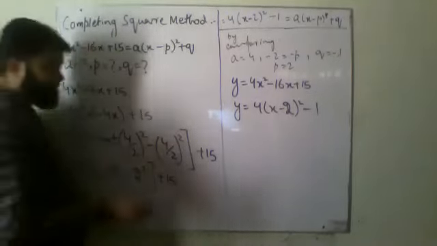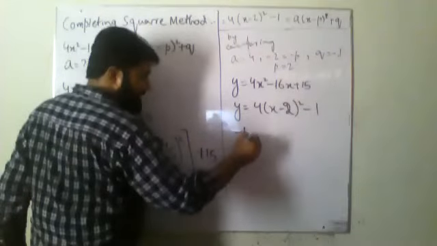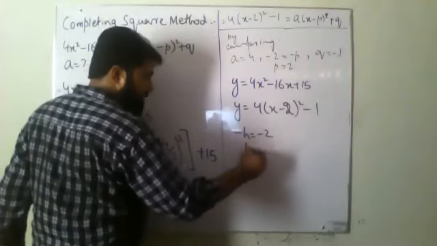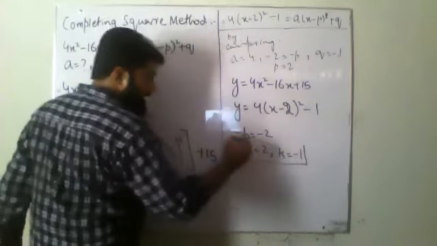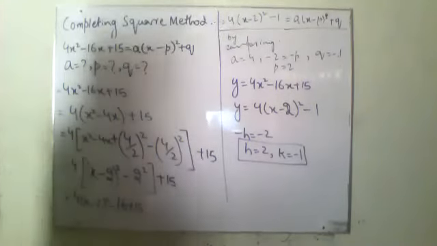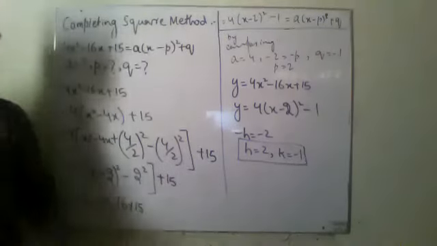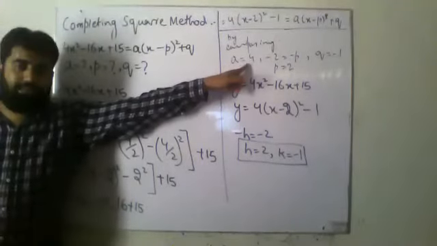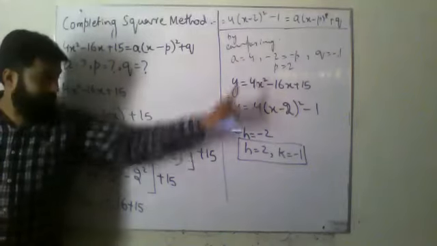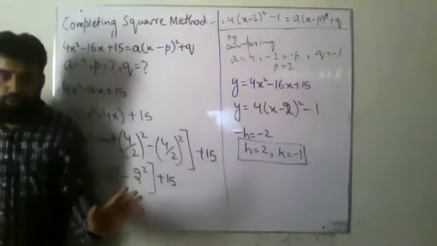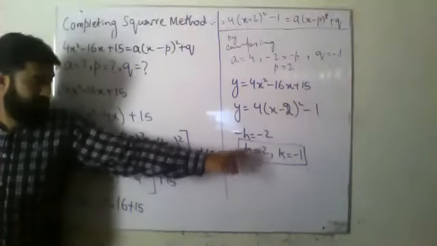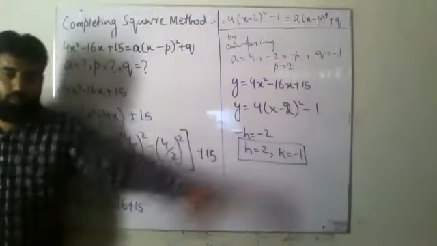Minus h equals to minus 2 means h equals to 2, and k equals to minus 1. These are the coordinates of your turning point, and as the value of a is positive, it is a minimum turning point. We don't have to show it, I'm just telling you.